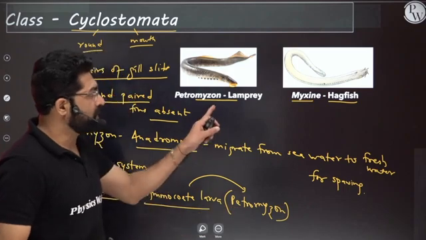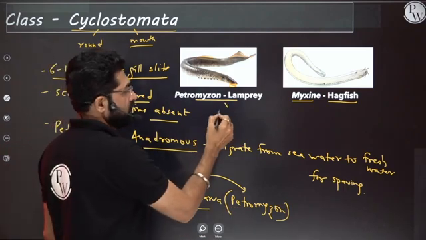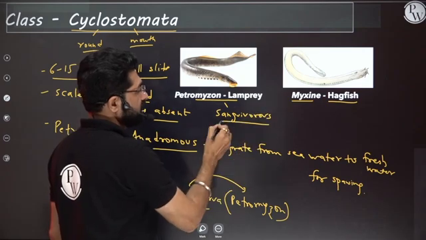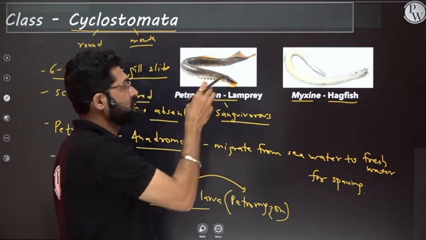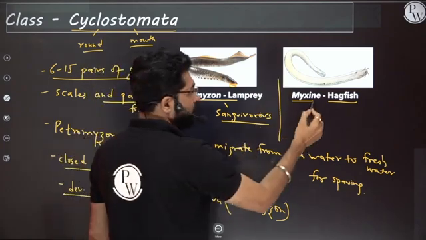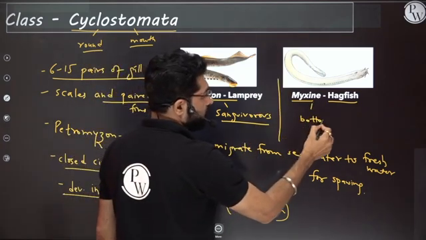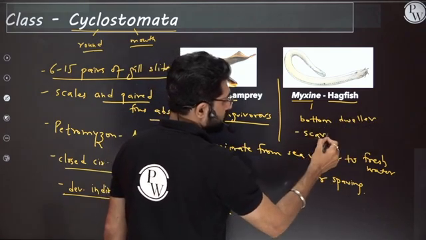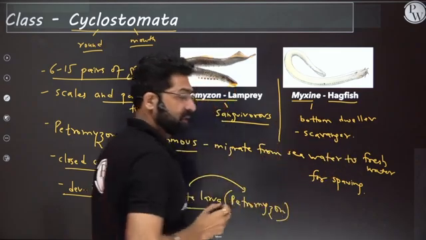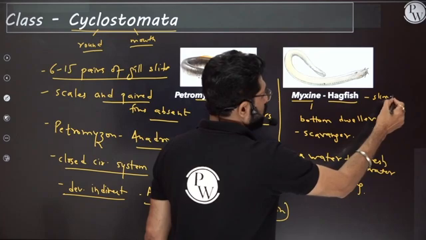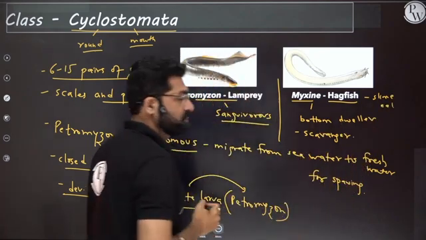Petromyzon is sanguivorous, which means it sucks blood. It feeds on sharks and sucks blood from them. Myxine is a bottom dweller and usually a scavenger. Commonly this is called slime eel.